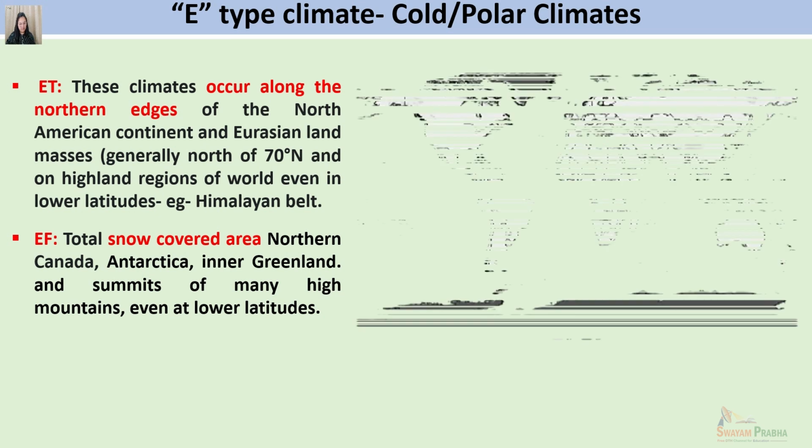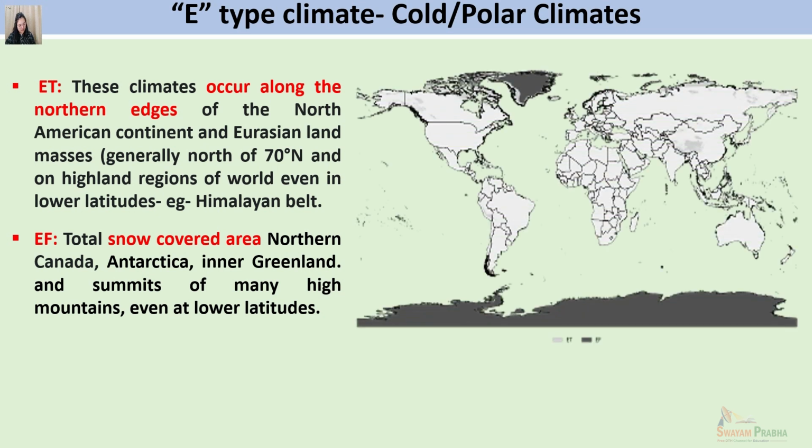E type of climate is generally found in the areas which extend beyond 70-degree latitudes in both the hemispheres. So ET type of variant of E climate occurs along the northern edges of North American continent and Eurasian landmass, generally beyond 70-degree north latitudes. So in the northern parts of Canada, this type of climate is there.